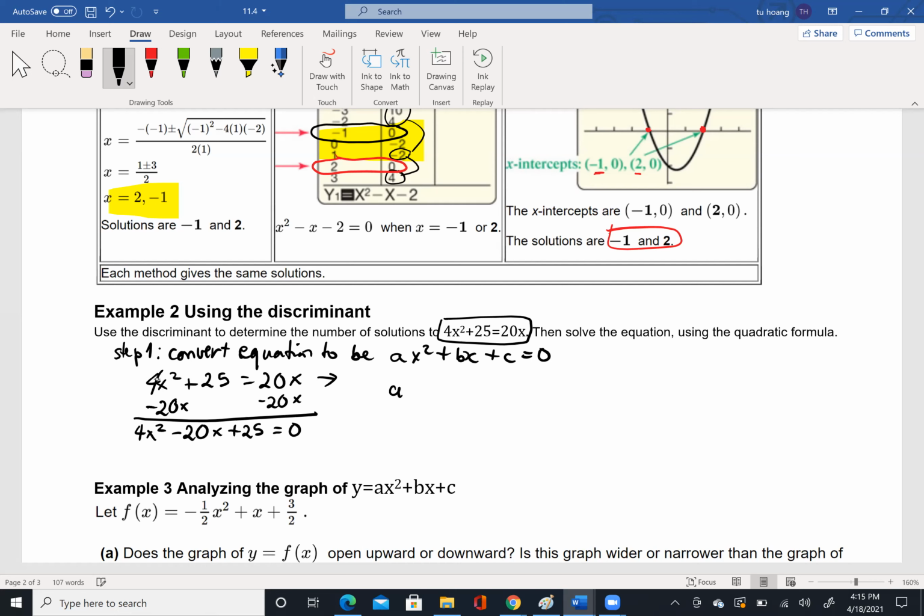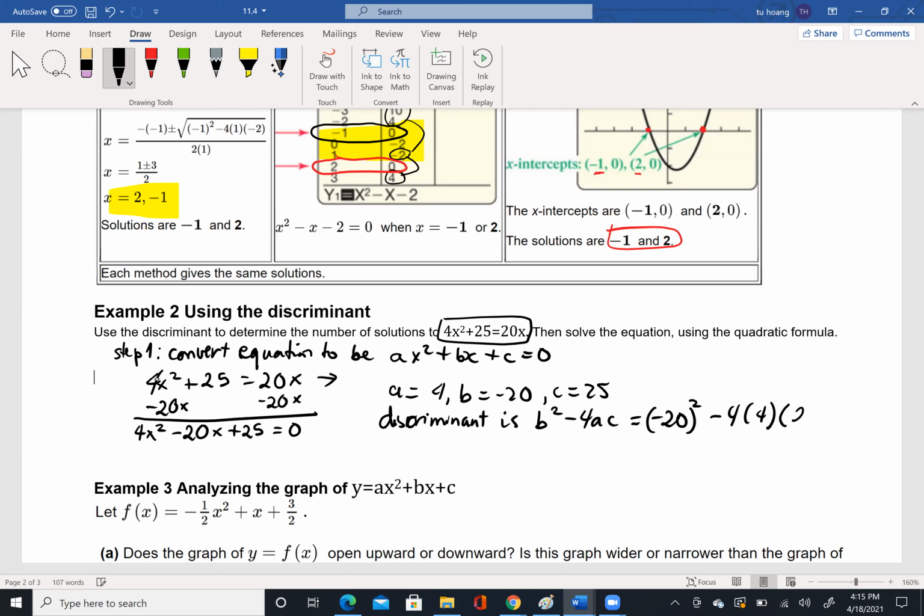So now I list out a equal to 4, b equal to -20, c equal to 25. The discriminant is b squared minus 4ac, remember that. b squared is (-20) squared, minus 4 times a, which is 4, times c, which is 25.